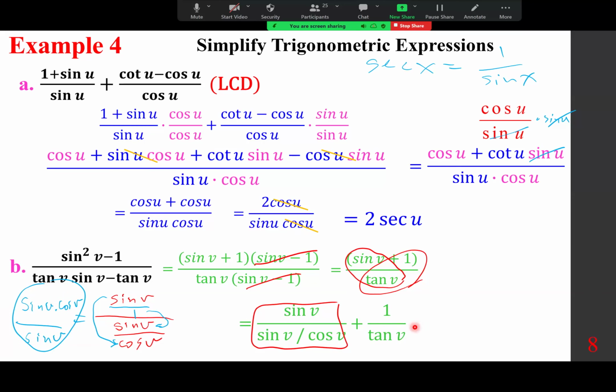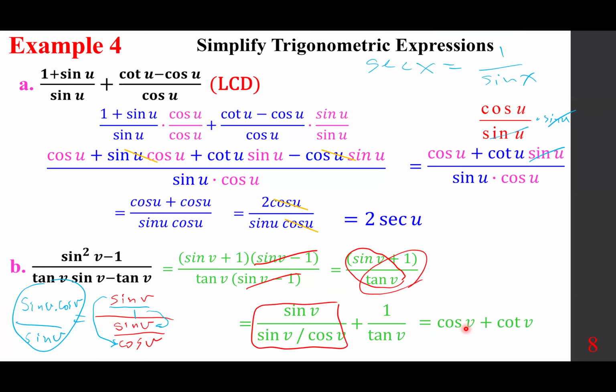And this is cotangent. So the final answer, cosine v plus cotangent v. So I hope everybody is clear on this. Again, pretty simple stuff as long as we are comfortable with algebra, everything works fine.